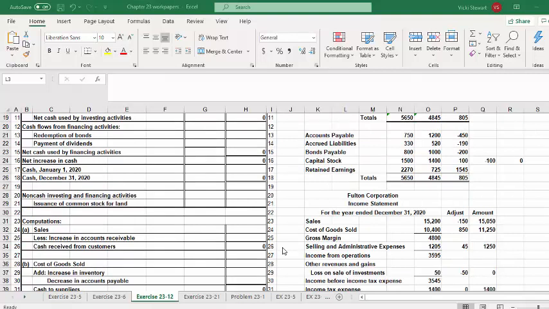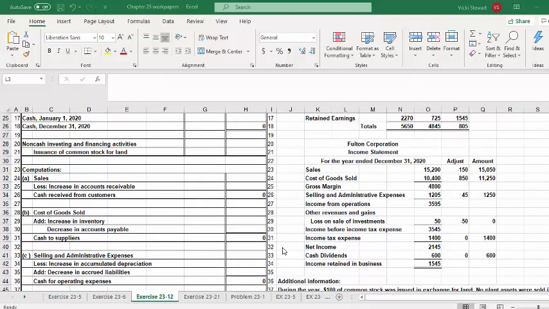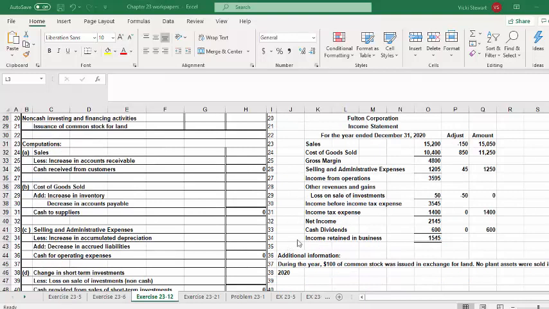To help prepare the statement, I have set up at the bottom of the spreadsheet the computations that we'll be using to adjust the income statement to determine the cash received and paid. The first item that we are going to start with is sales, as shown on the income statement, of $15,200.